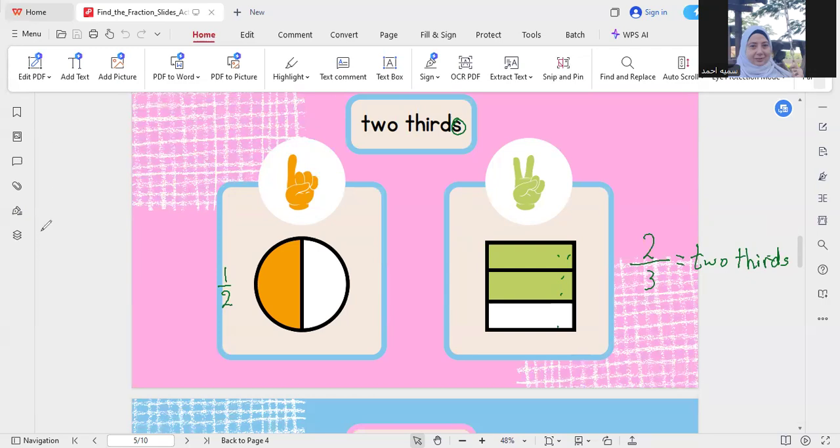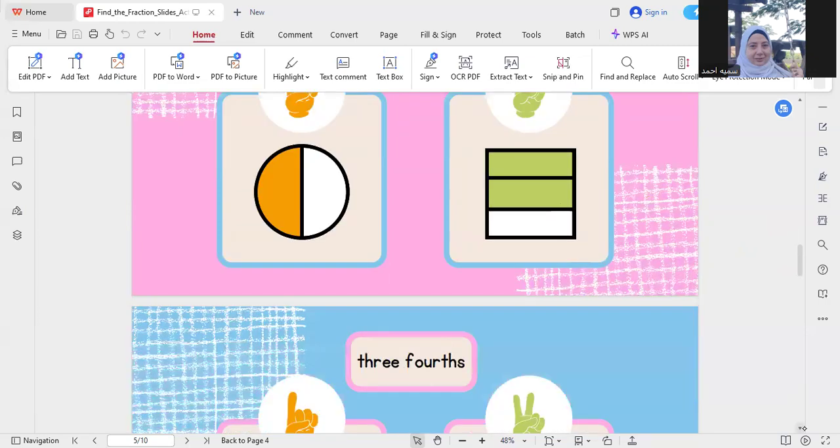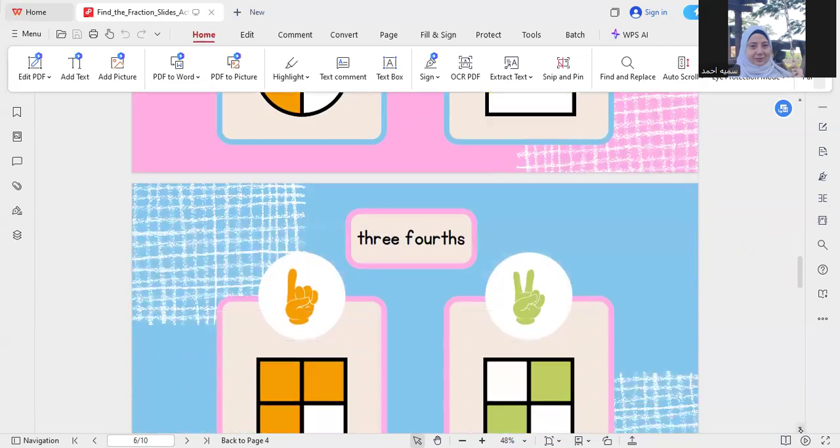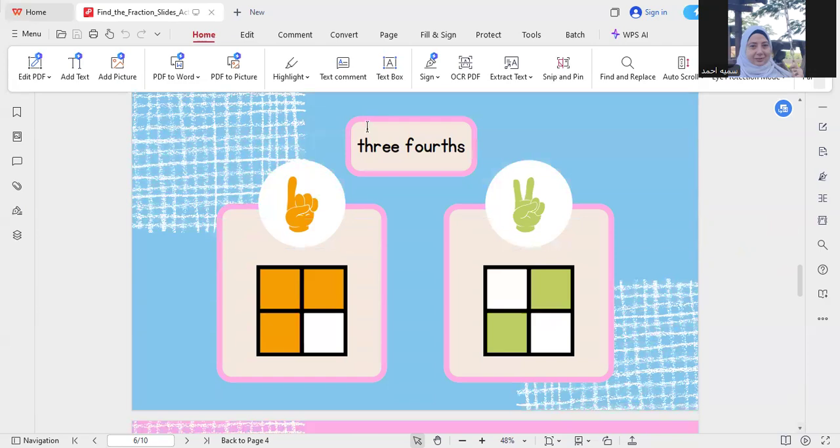and then we will move to the next one. 3/4. Fourth is like the number 4.